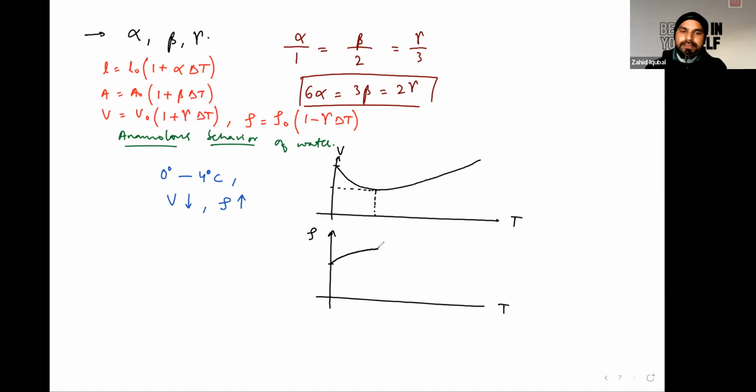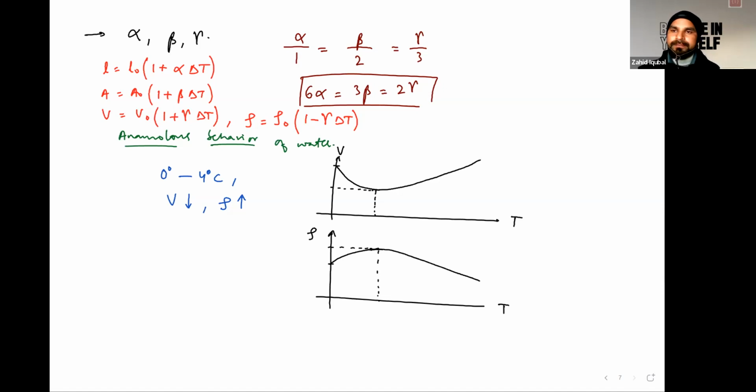So it will rise up to 4 degrees Celsius, and further, it will decrease. So the density of water will be maximum at 4 degrees Celsius. This is uneven behavior of water or exceptional behavior of water as compared to the rest of the matter. That's why it is called anomalous behavior, only between the range 0 degree to 4 degrees Celsius.